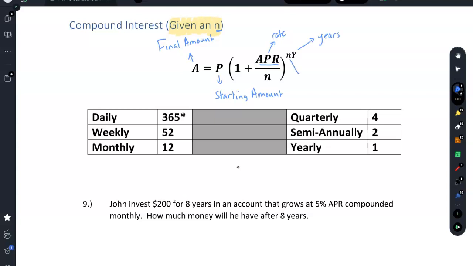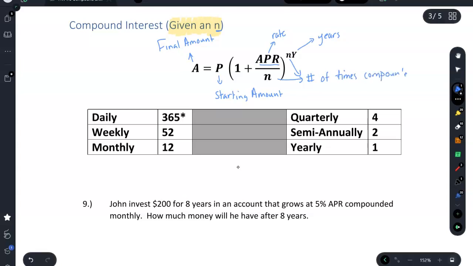But this time I have this n and this n, so we have two n's, which stand for the number of times compounded. That's what n stands for, and it will tell you most of the time that it's compounded a specific number of times, but it will tell you that in words. So something that you'll see is daily.